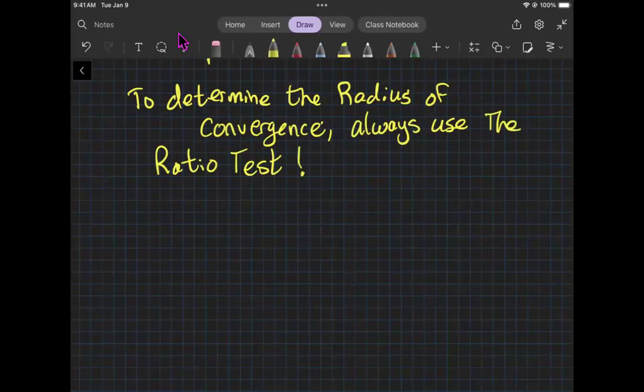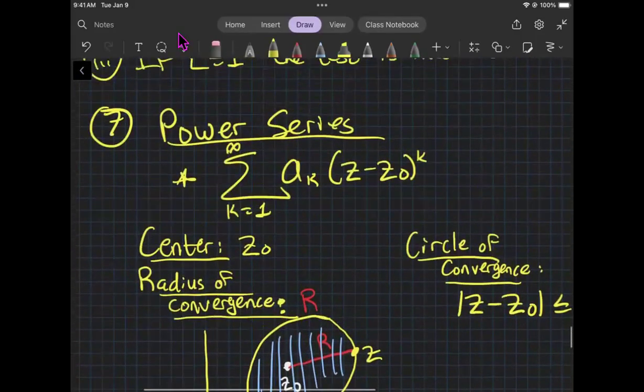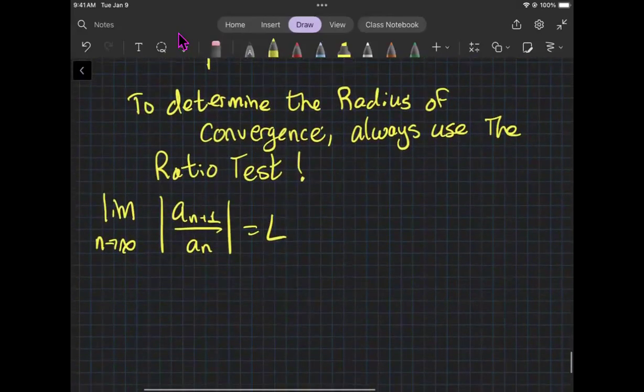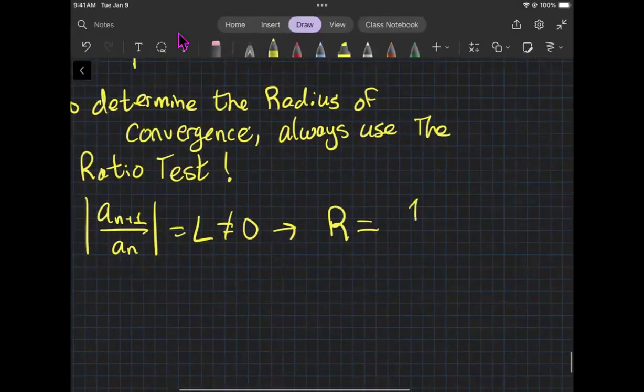If the limit as n goes to infinity of A sub n plus 1 divided by A sub n equals L, right? A sub n plus 1 over A sub n, those refer to the coefficients of the power series, A sub k here. And if this L value is not 0, then the radius of convergence would equal 1 over L, right?